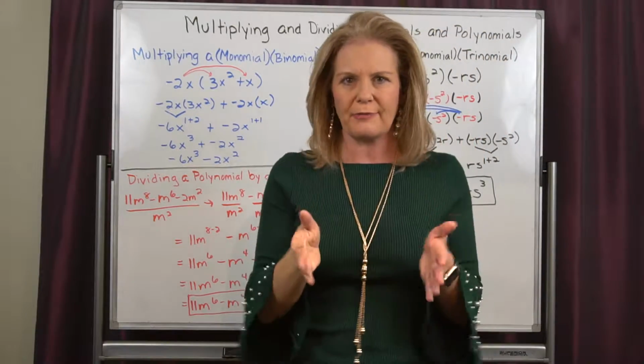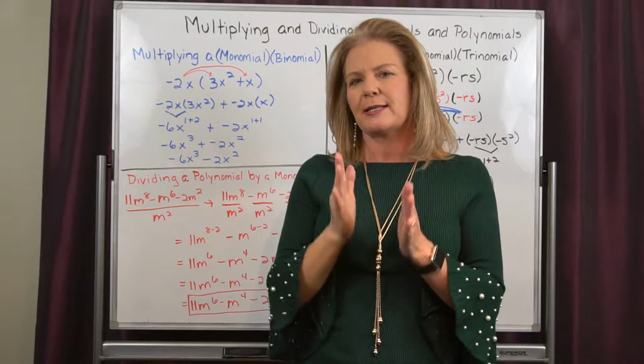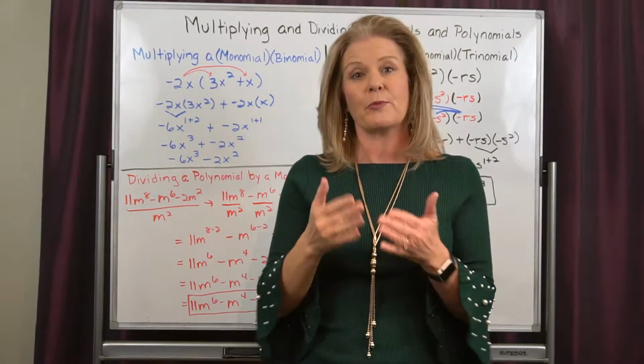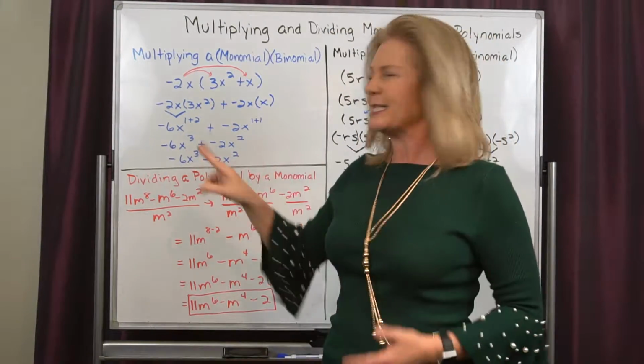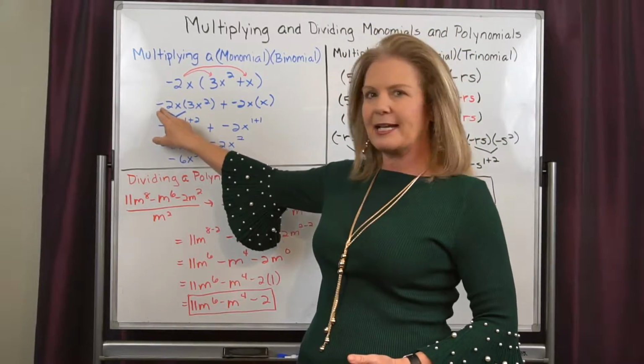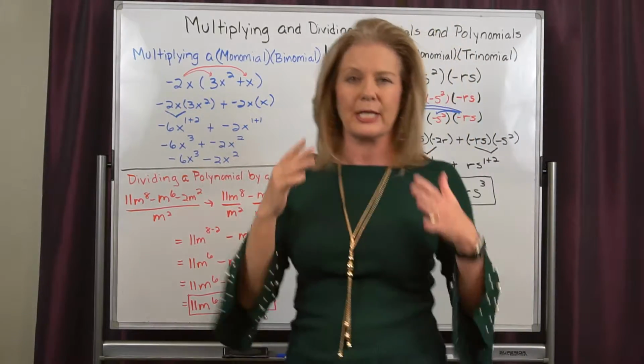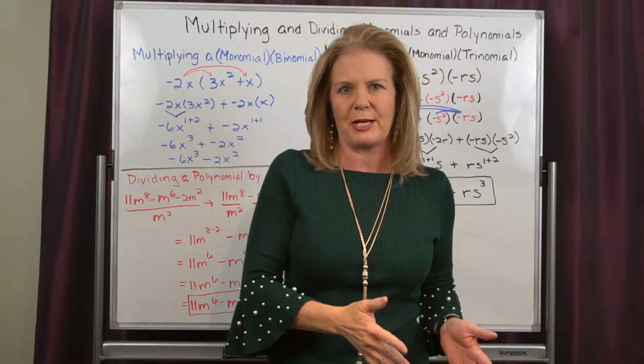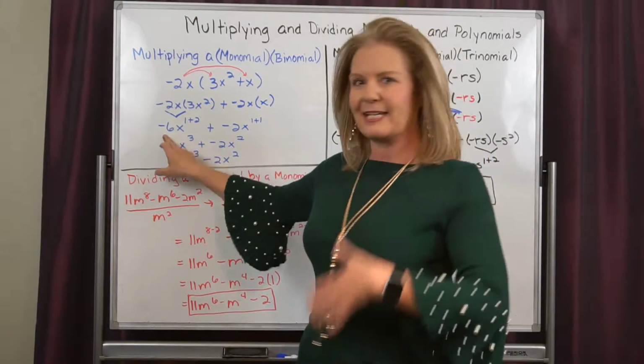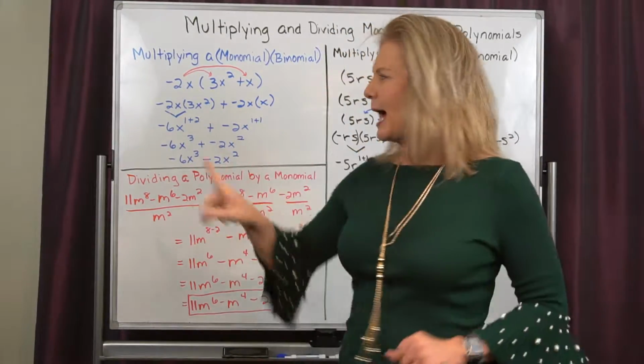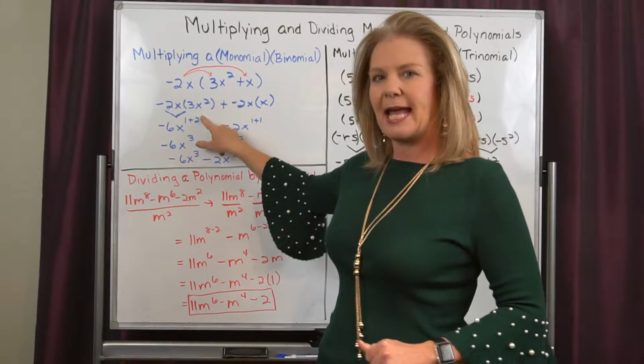Now the only difference here is we have to start to use some of our exponent rules when we multiply. So again, we start with our coefficients. If I have a negative 2, I multiply it by the 3. So the coefficient is multiplied by the coefficient, and I get negative 6. But now I have an x times an x squared.